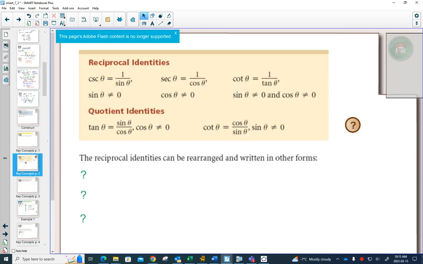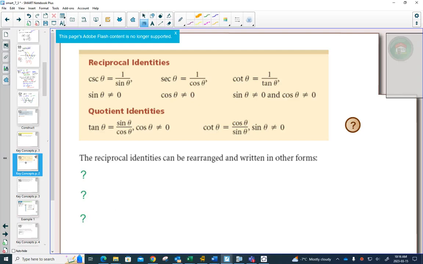And then in the box, they list some that you already know. You already know that cosecant, its definition, is 1 over sine. That's always true. So since it's always true, it's called an identity. You already know secant is 1 over cos, and cotangent is 1 over tan.